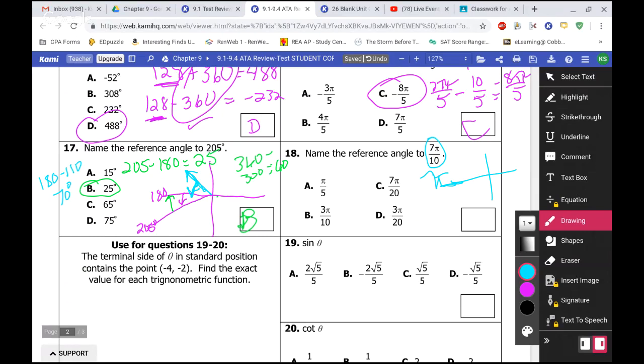It's going to be 3 pi tenths back, which means my reference angle is going to be 3 pi tenths. But how do you know off the top of your head that you want to make it back to the 10? I want to make it to 10 over 10. Yeah, because 10 pi over 10 is really just pi because the 10s cancel. So the shortest distance back to the x-axis.